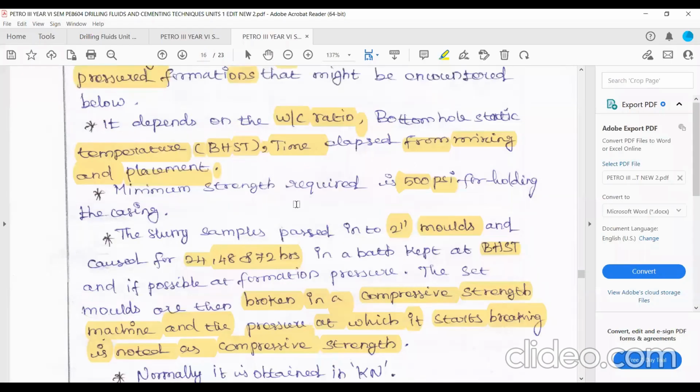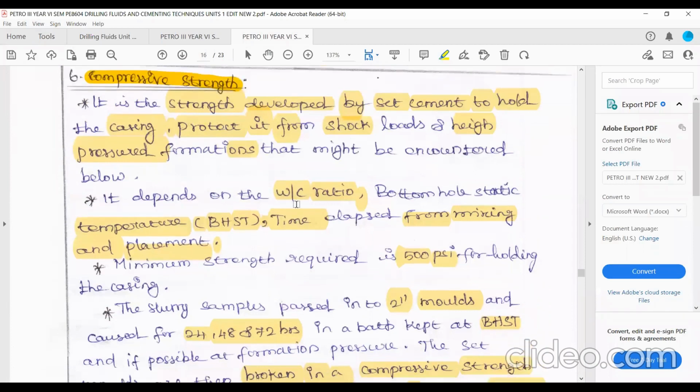The compressive strength also depends on the water to cement ratio, the BHST, bottom hole static temperature, and the time lapse between mixing and placement. That means the time gap between the mixing and pushing. There are three other factors which also affect the compressive strength. One is the W by C ratio, that is water to cement ratio, and BHST.